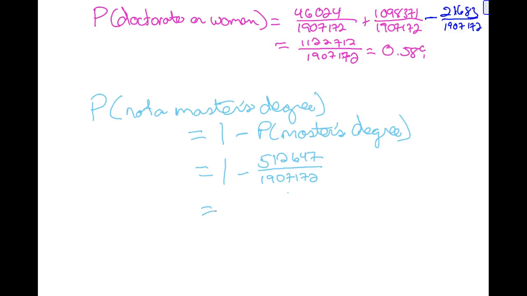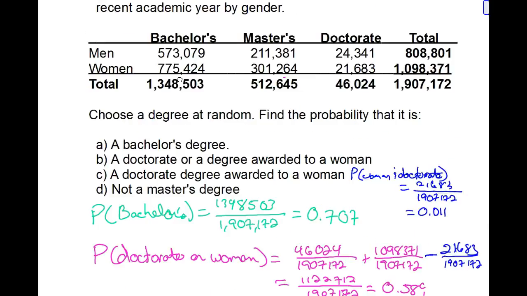And I get that this is 1 minus 0.2688. So 1 minus 0.2688 is equal to 0.7312. So the probability that it's not a master's degree is 0.7312, which would be the exact same thing I got if I were to add up the bachelor's plus the doctorate degree. You can do it either way.